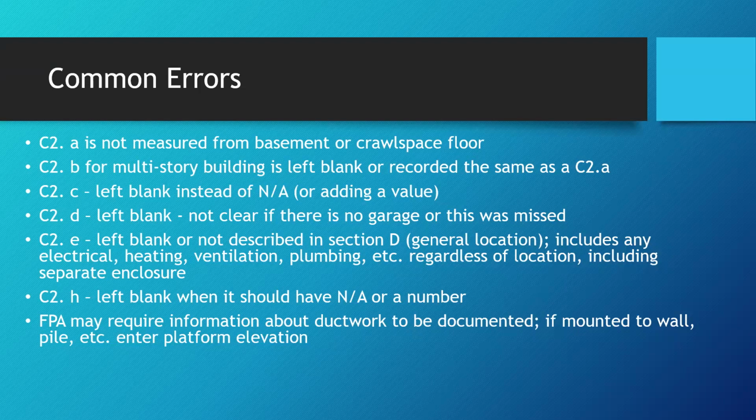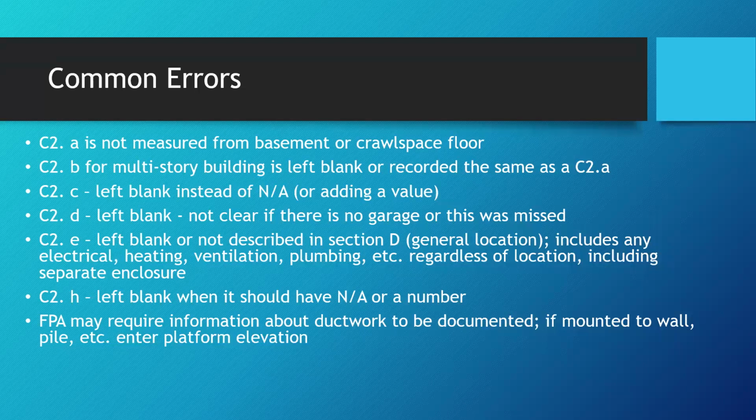Of course, if it's just one story, it should say NA in it. C2C would be left blank instead of NA. And then I mentioned maybe we'd be adding values to that in a riverine situation for a diagram 5 or a diagram 6. C2D left blank, and then it's not clear if there's no garage or if you just missed it.